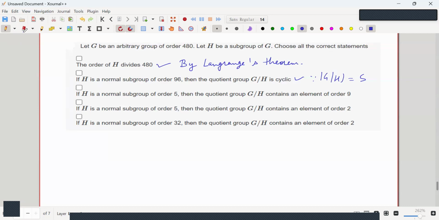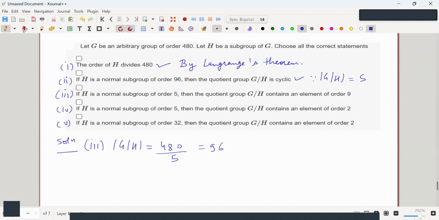If H is a normal subgroup of order 5, then the quotient group contains an element of order 9. This one you should tell me. The order of G by H is 480 by 5, that is 96.